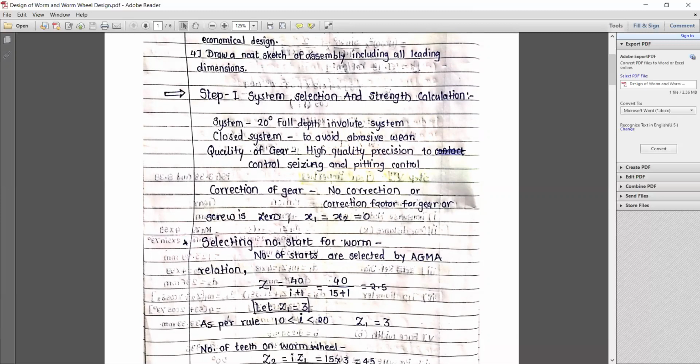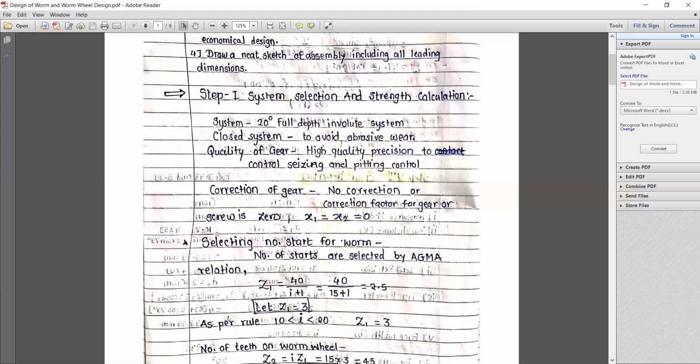Next step is to select the number of starts for the worm. We can select the number of starts by using the AGMA relationship, the equation Z1 is equal to 40 divided by (i plus 1). The transmission ratio i, we know, is 15. So Z1 is equal to 2.5. But from standard values we know that Z1 is 1, 2, 3, 4.